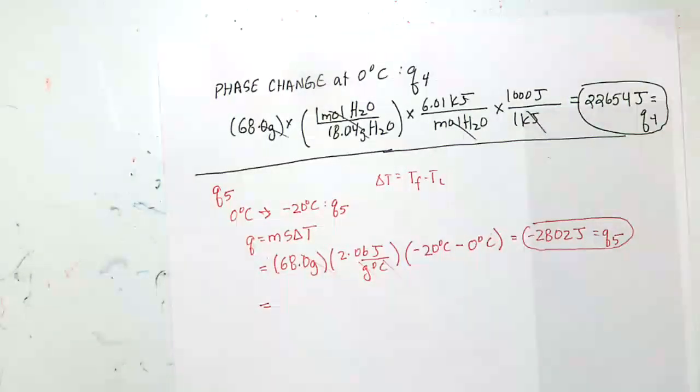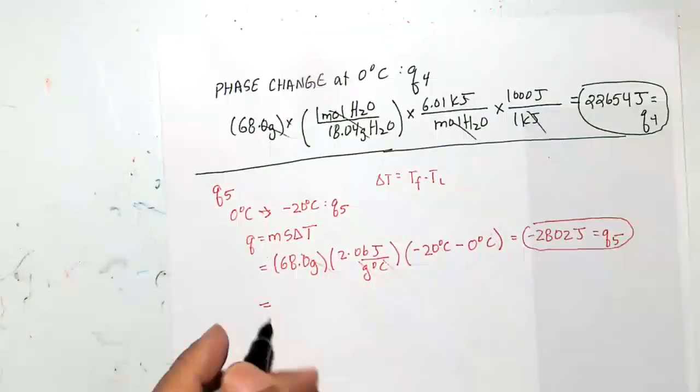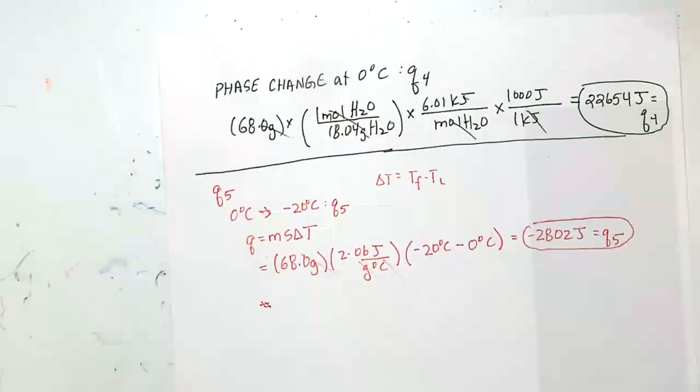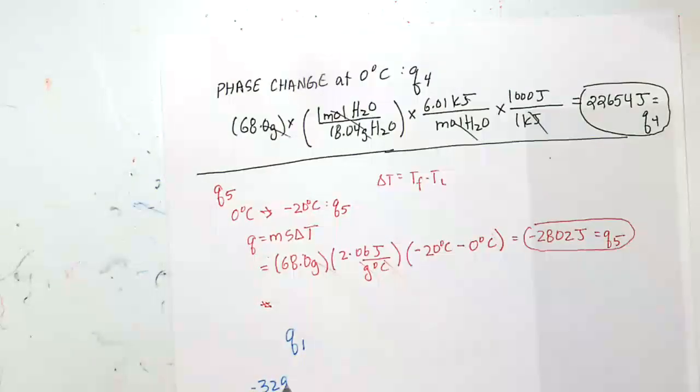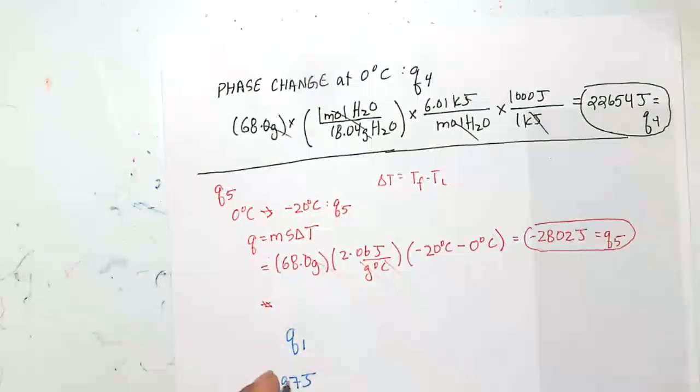And now we have to sum up 5 heats. So to get the total heat in going from 124 degrees water to minus 20 degrees water, how much heat is that water going to release to the outside environment? We're going to sum up Q1, which is minus 3297 joules.